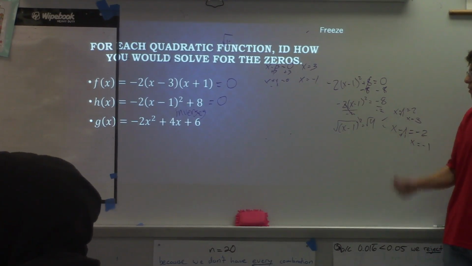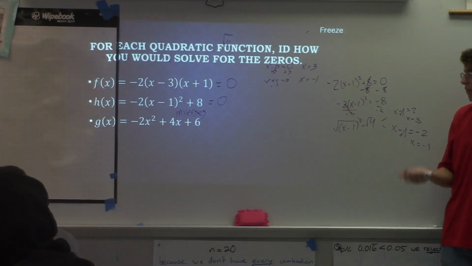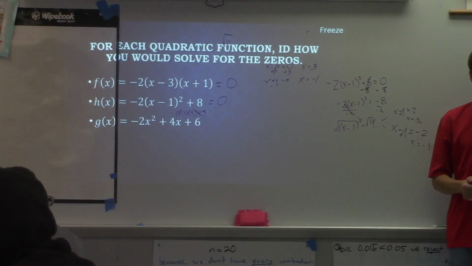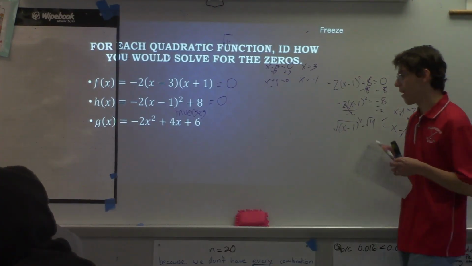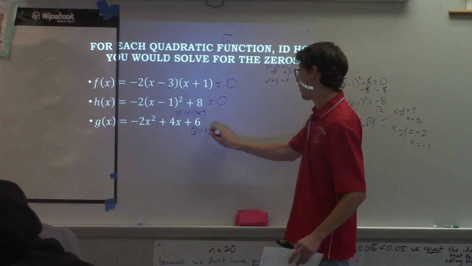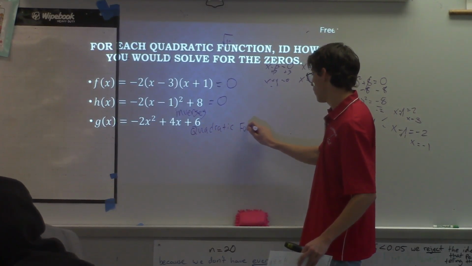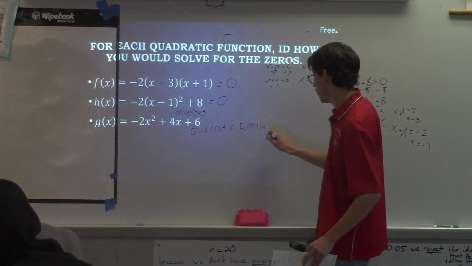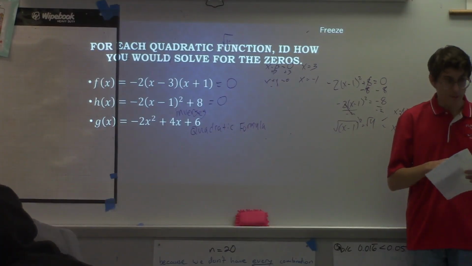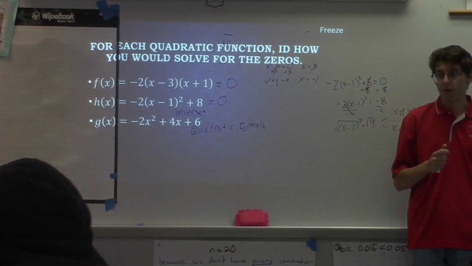Alright, now what happens if we have standard form? Can we use the zero product property? No. Can we use inverses? Quadratic formula. So we could use the quadratic formula, right? Because what does standard form give us that we need for the quadratic formula?